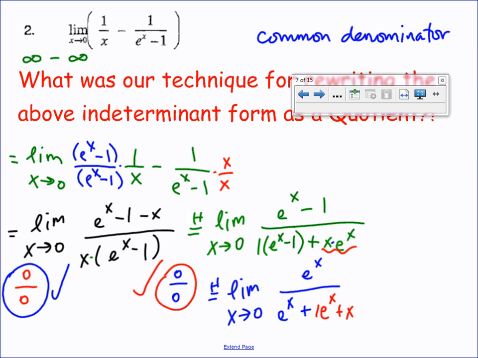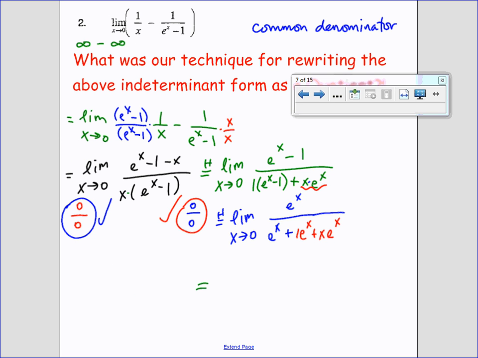What's the derivative of e to the x? e to the x. It's my favorite derivative. Oh, and integral. All right, let's try again. As x goes to 0, e to the x goes to 1. Hey, I'm not going to be able to use L'Hopital's rule, right?